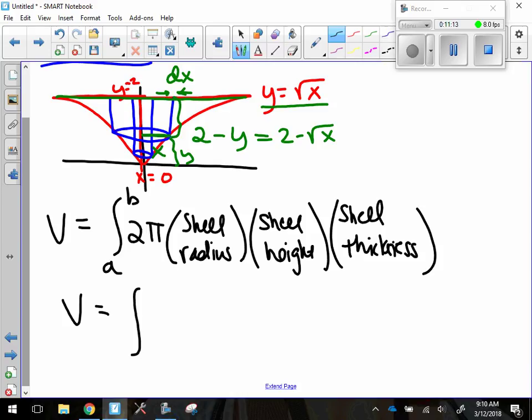We'll deal with the limits of integration in a minute. That's my 2 pi. What's my shell radius? It's x. What's my shell height? Good. And what's my shell thickness? dx.